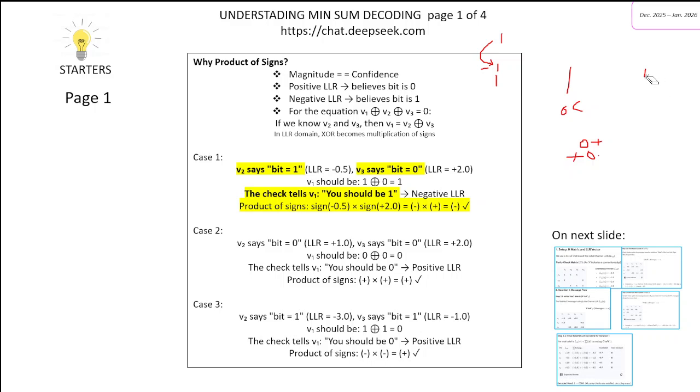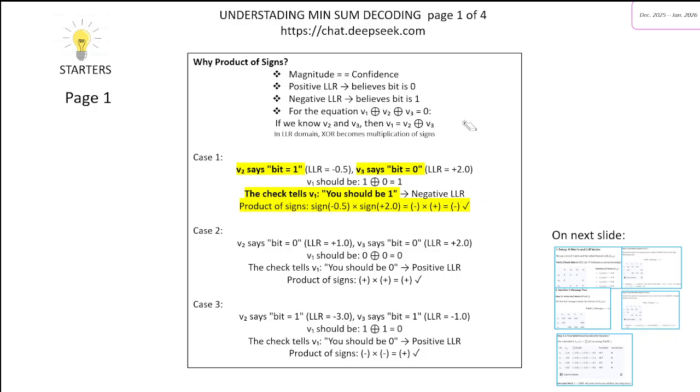Now, positive LLR. What is positive LLR? A positive LLR means that we have a 0. A negative LLR, log likelihood ratio, means that it is 1. Log likelihood ratio is the ratio of the probability of a bit being 0 versus the probability of the bit being a 1, the likelihood of these two bits.